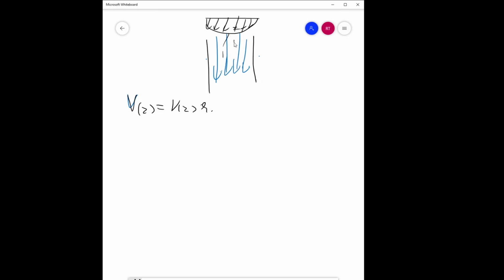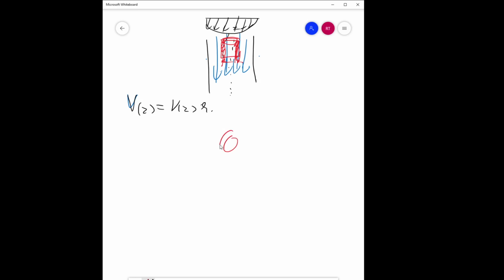So let's do a mass balance here by taking a small unit. Take a small cylinder inside, with a width of delta r.